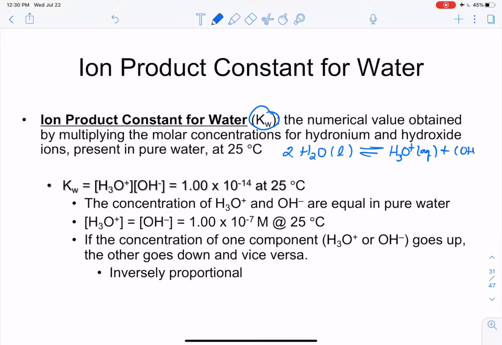Oops, I don't want to put the parenthesis right there. I want to put the parenthesis right there. Okay, so that would give us K is equal to, and remember we have the concentration of the products on the top, and we have the concentration of the reactants on the bottom.